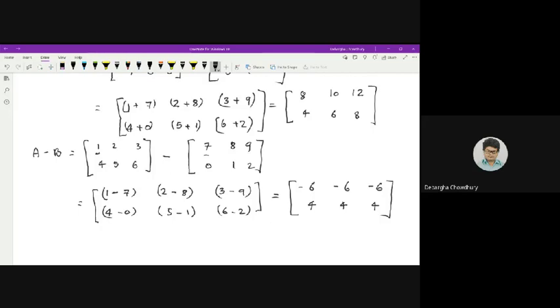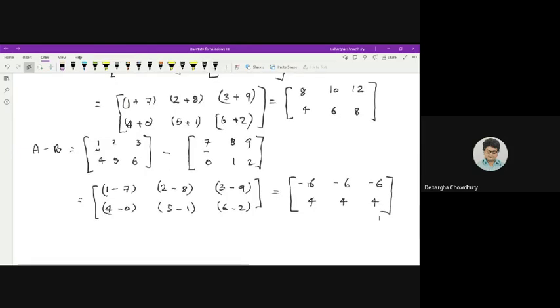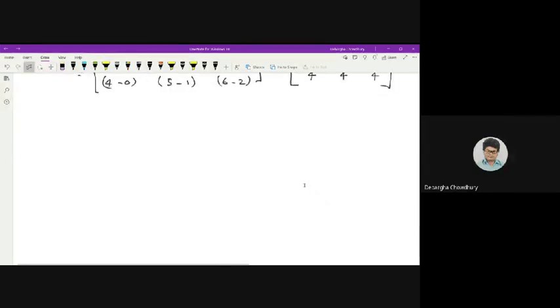Okay, now we would learn to solve problems based on equality of matrices. Equality of matrix means two matrices are equal.